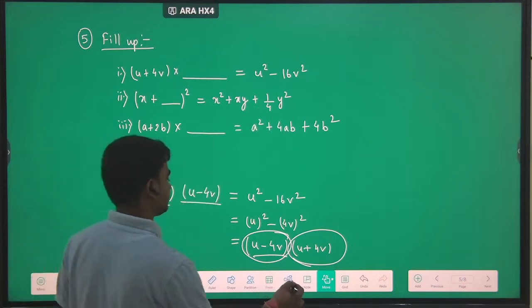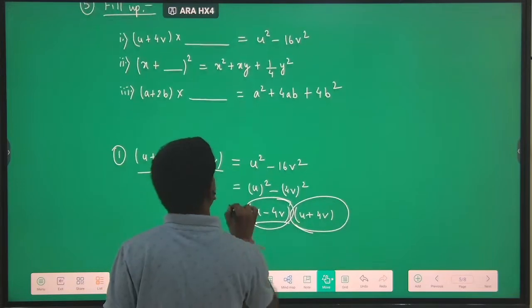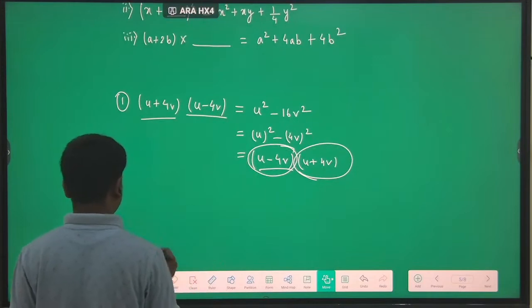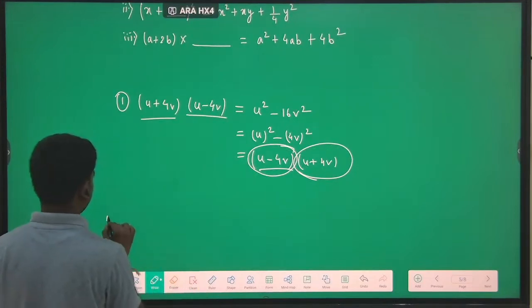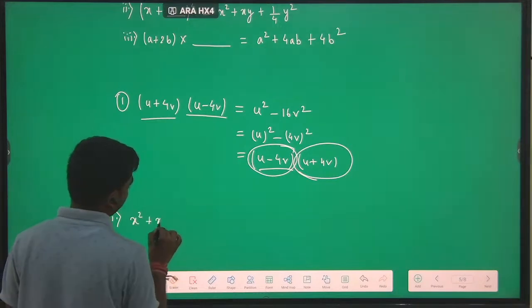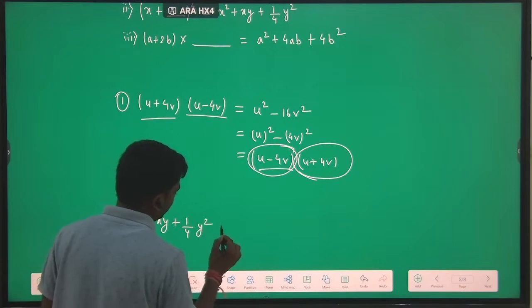So let us see what we are having: x square plus xy plus 1 by 4 y square.